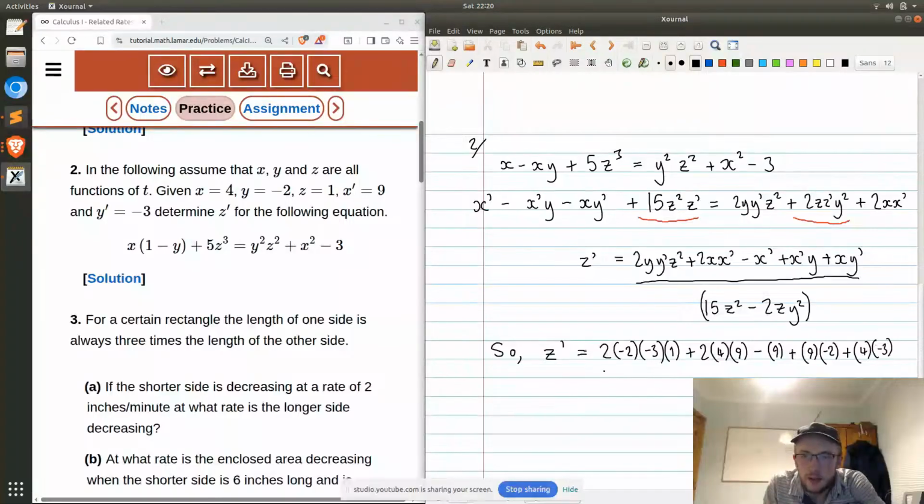And then all of that must be divided by 15 times the square of 1, so just 15, minus 2 times 1 times the square of negative 2, so 4.